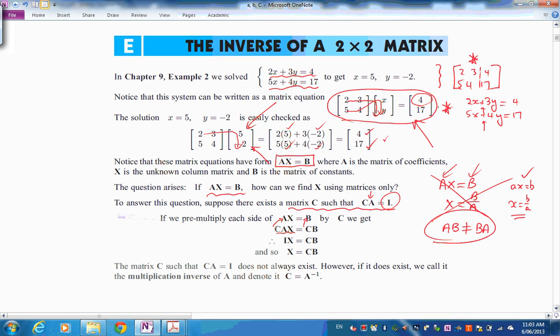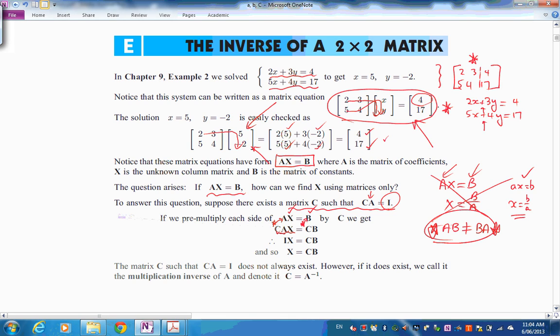So it does matter on which side of each side of this equation you put your C in. These two were equal. To keep them equal, we must pre-multiply on that side and pre-multiply on this side, because it does matter on which side you multiply, which rows dive down which columns. That's going to be important.